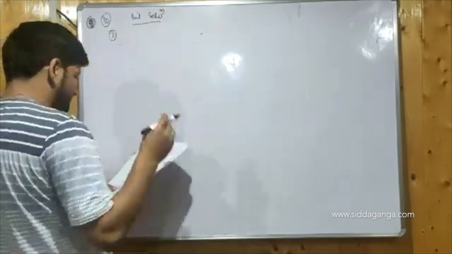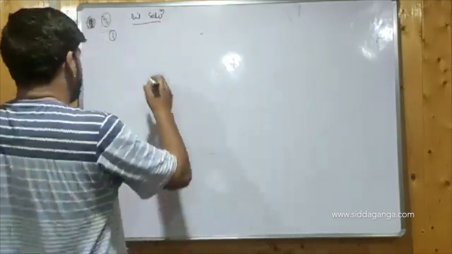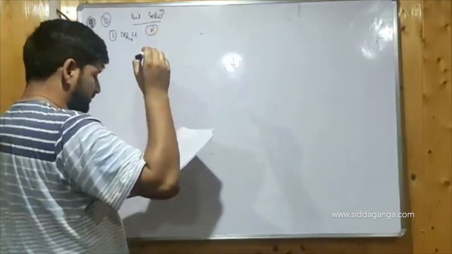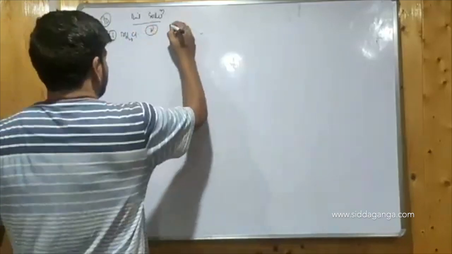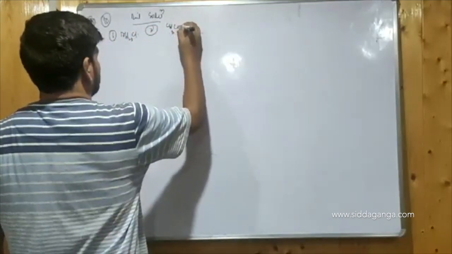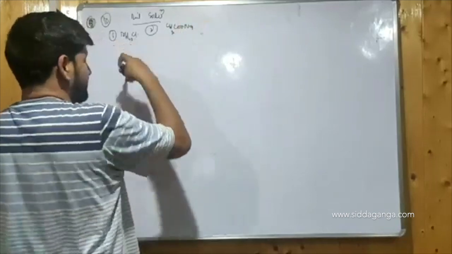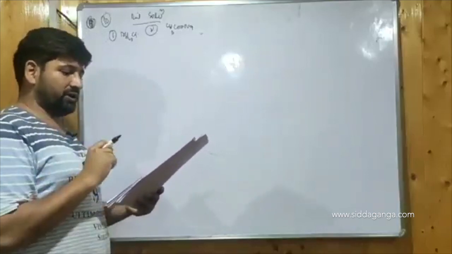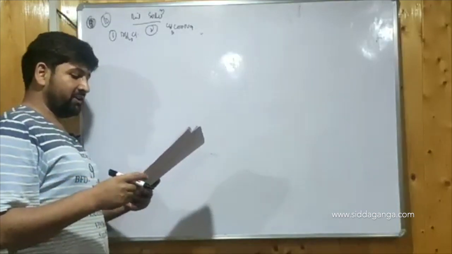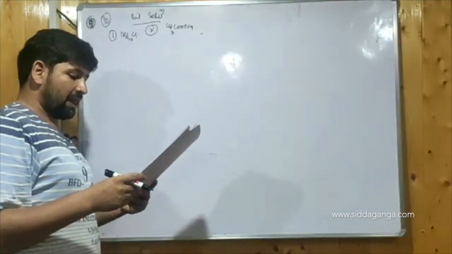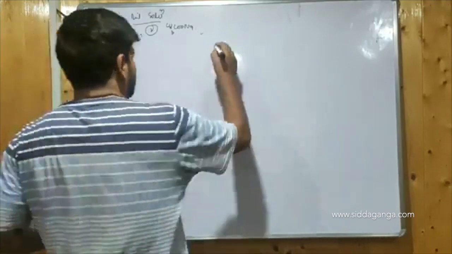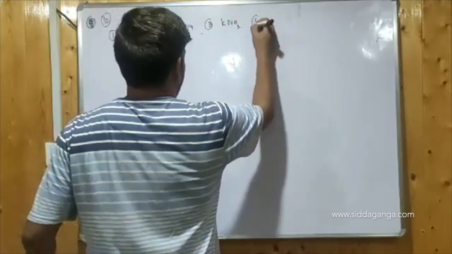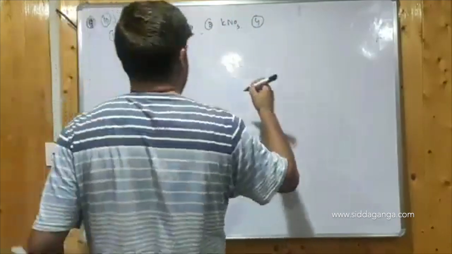So options are ammonium chloride, NH4Cl. Option 2 for you is sodium acetate, that is CH3COONa. Actually here in the given question it is written in terms of language, ammonium chloride, sodium acetate, and I am writing it down in terms of formulas: potassium nitrate, third KNO3, and fourth one that is given to us is barium bromide.